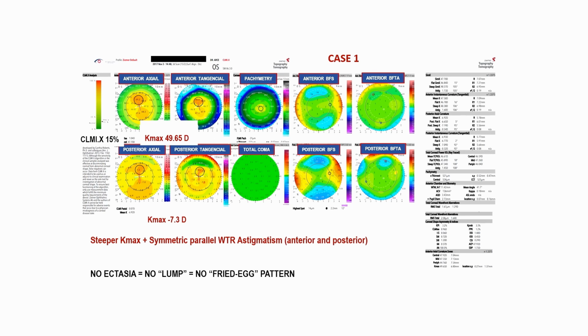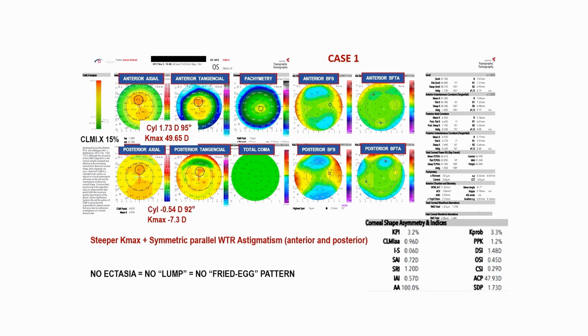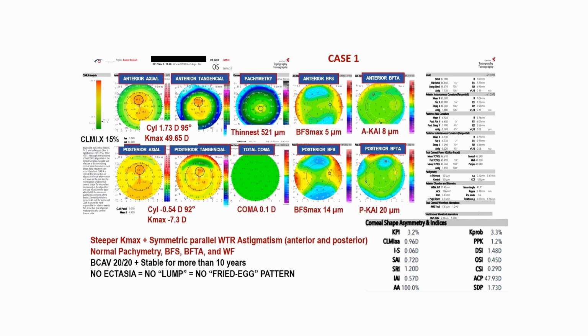You can see that the Kmax is 49.60 in the anterior, minus 7.3, but there is not a lump here in any of the best fit sphere maps, no comma, and you see the indices of asymmetry are completely normal.